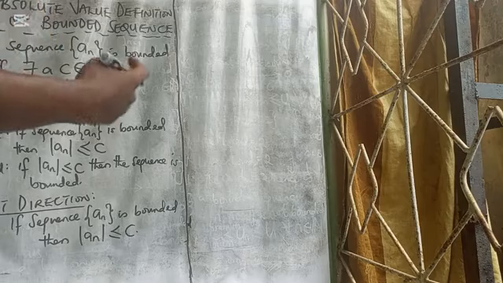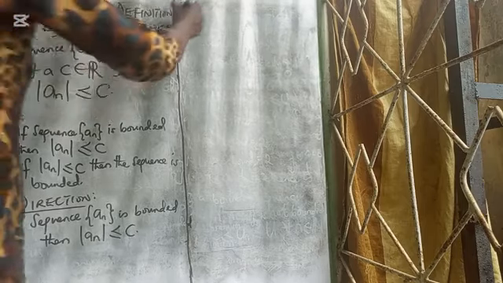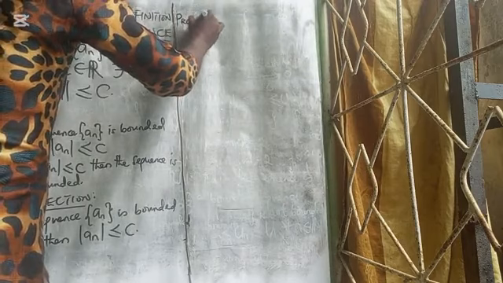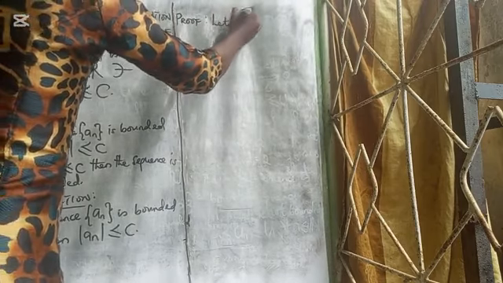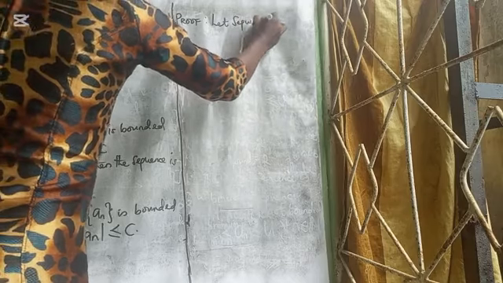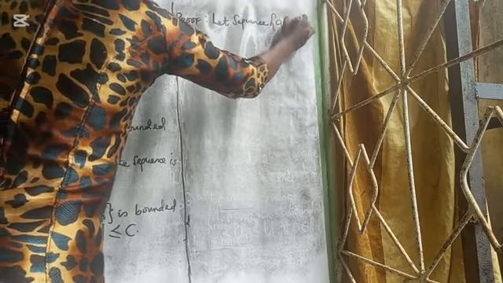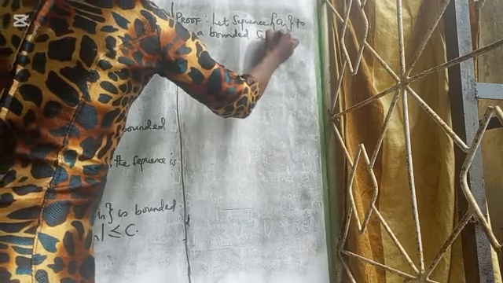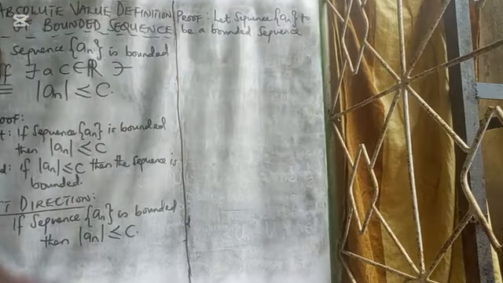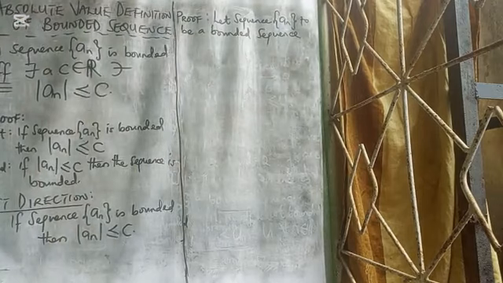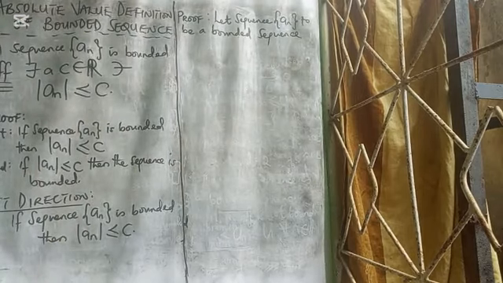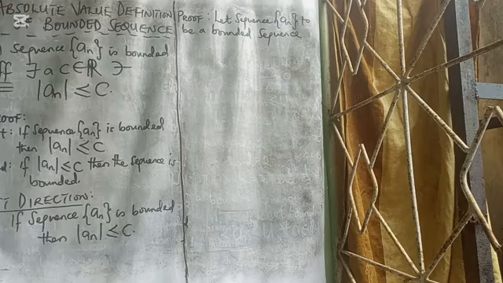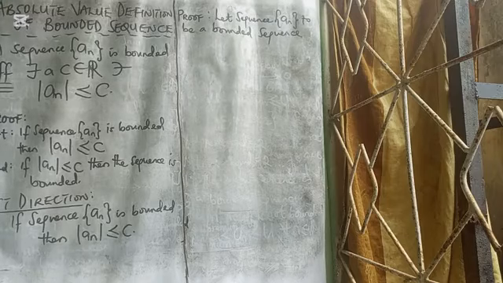Since we are assuming A sub n to be bounded, we say let sequence A sub n be a bounded sequence. Let sequence A sub n be what? A bounded sequence. And if it is a bounded sequence, what does that imply for us?